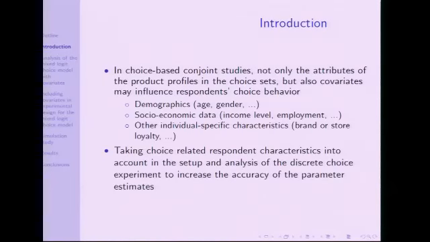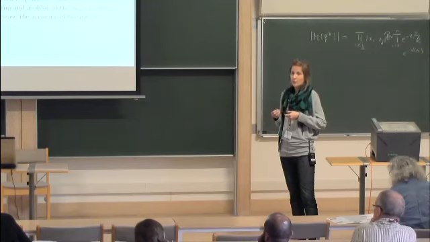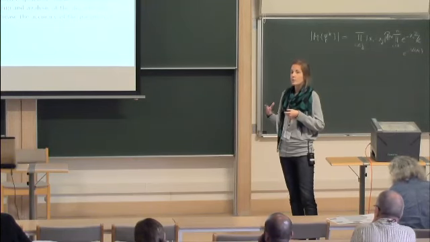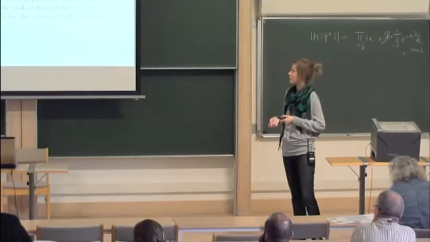Covariates are, for example, demographics like the age and the gender of the respondents, but also some sociographic information. Covariates can be any respondent characteristic that is related to the choice behavior of the individuals. So we will take this information into account when setting up the choice sets for the mixed logit choice model, and also in the analysis or in the estimation of the model.